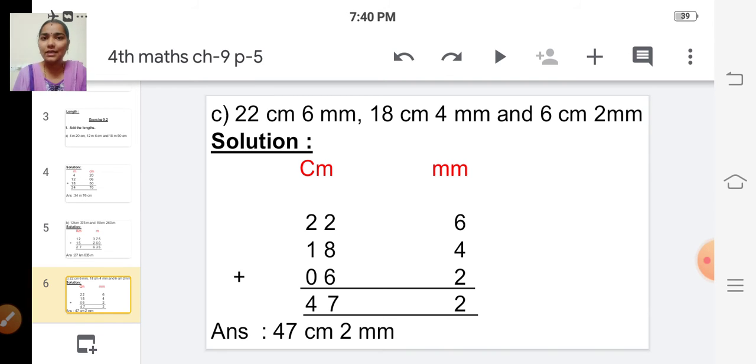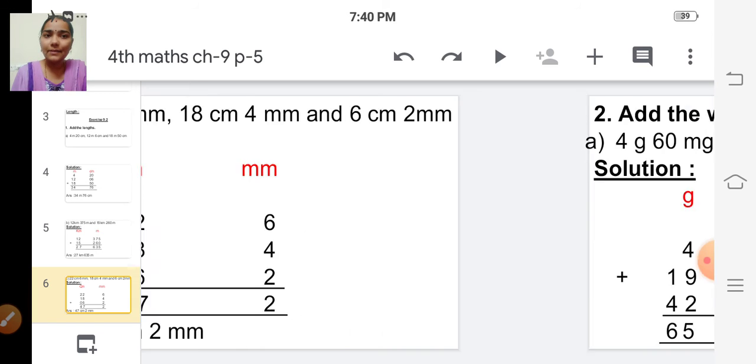Okay, similarly, just as we have added the lengths, right? So, just like that, we are going to add the weights. Only thing is the units are different, right? In lengths, the units will be kilometer, centimeter, millimeter, right? So, if we are going to add weights, then the units will be kilogram, gram, milligram, right?